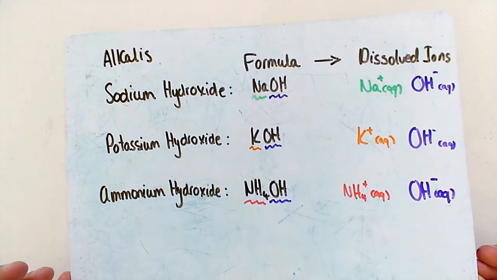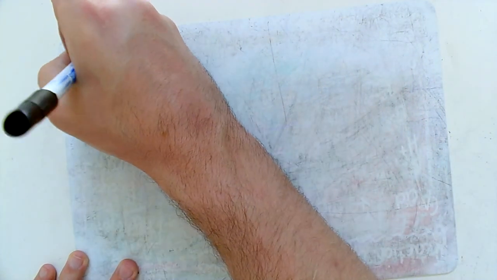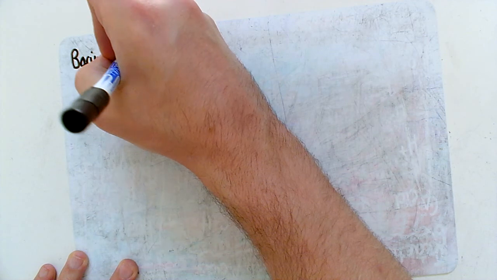Now, what I'm going to do is one final example. And this time I'm going to use a slightly different chemical. I'm going to use barium hydroxide. This is an odd one.